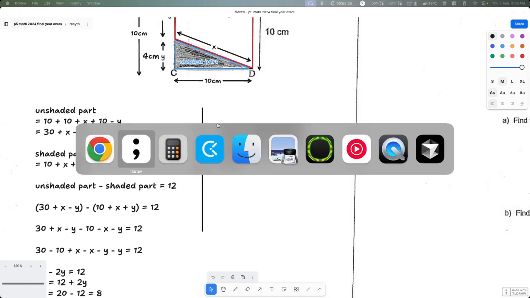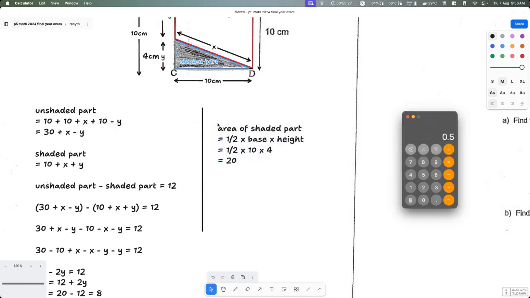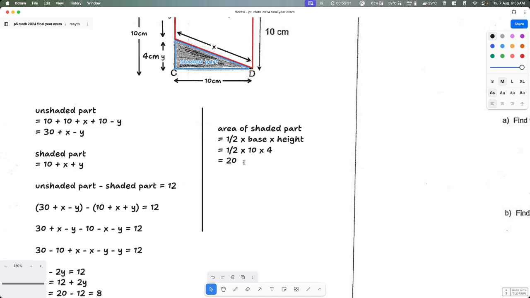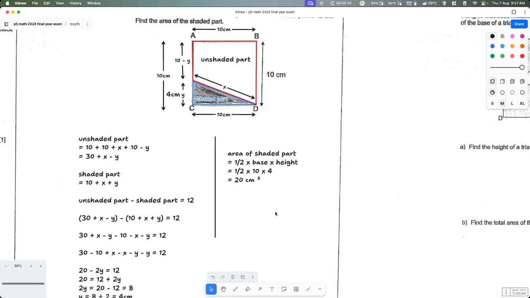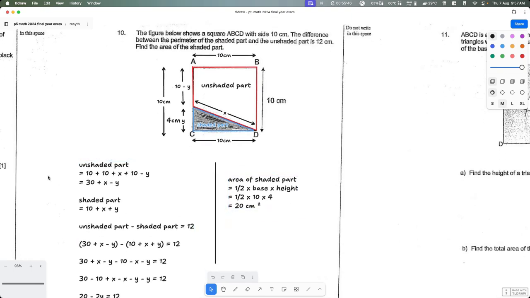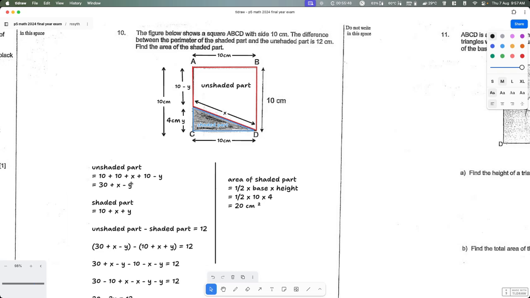So let's double check with our calculator. 0.5 multiplied by 10 multiplied by 4, 20 centimeter square. There you go. All right, so yep, the answer is 20 centimeter square. Right, so this is a tougher one, but manageable, I believe, still.